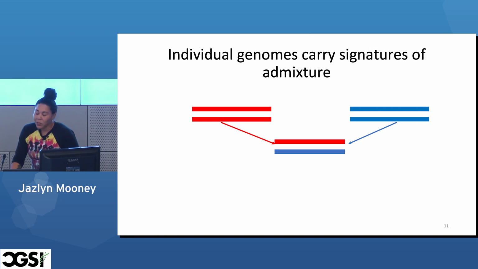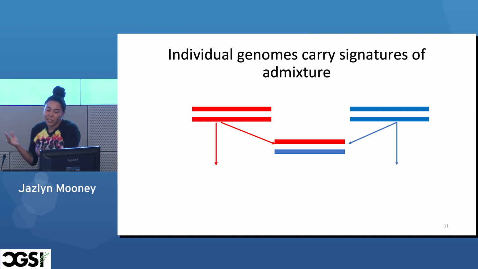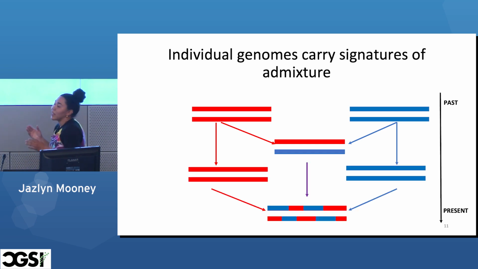If we were to zoom in on individual chromosomes, what you might see one generation after admixture is something like this: full tracts of ancestry from both source populations. But in reality, we're looking at a person in the present. There's often been many generations since admixture. Admixture contributions can vary, and we get this chromosome that's a mixture of ancestry segments from multiple populations.